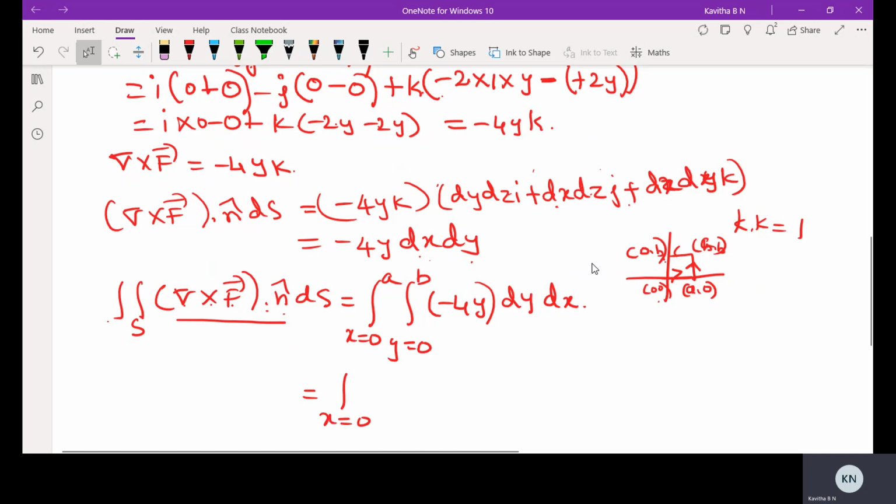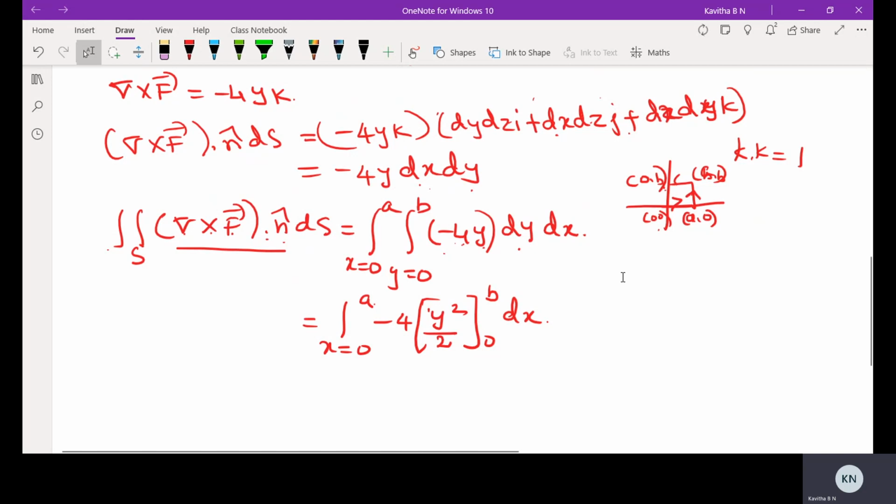Integration of x from 0 to a, then integration of y, integrating with respect to y. Integration of y is y square by 2, with the interval 0 to b, into dx.